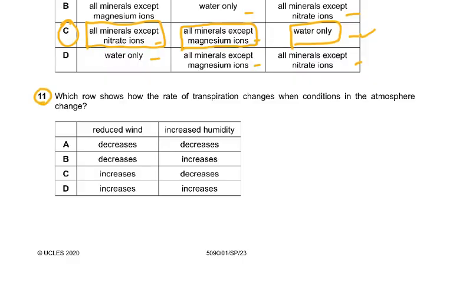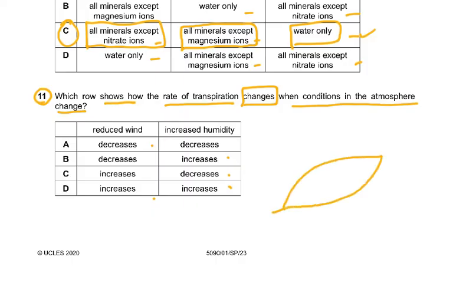Now question 11. Which row shows how the rate of transpiration changes, does it decrease or increase, when conditions in the atmosphere change? Now reduced wind. So remember, there's a leaf, water vapors diffusing out.